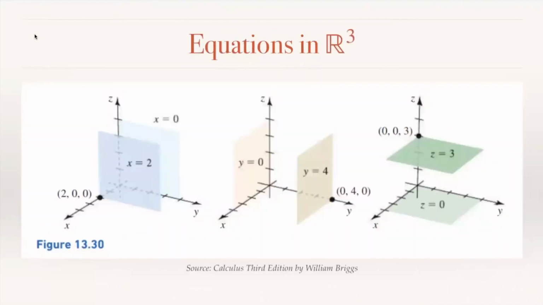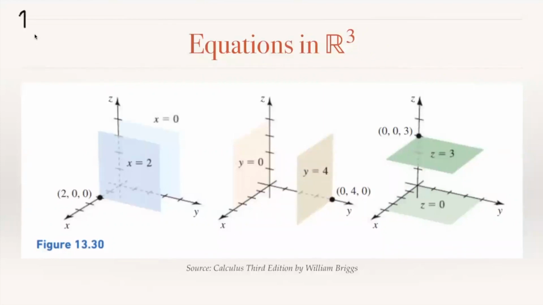Now, we begin our introduction to equations in 3 dimensions. Oh, in case I didn't mention this symbol here: first, this very fancy looking R denotes the real number line. And this superscript 3 means that we want to imagine the real number line multiplied by itself 3 times, which gets us 3 dimensions.